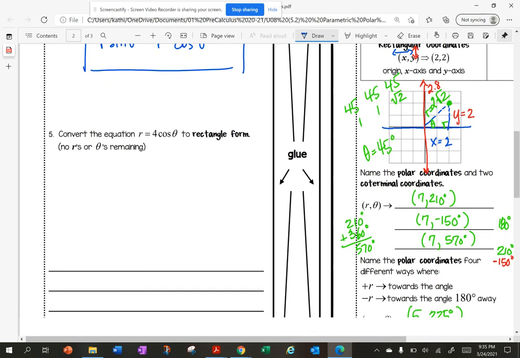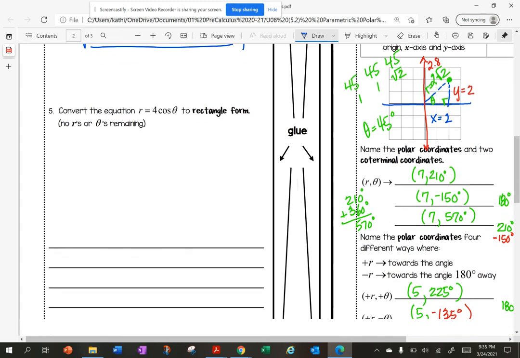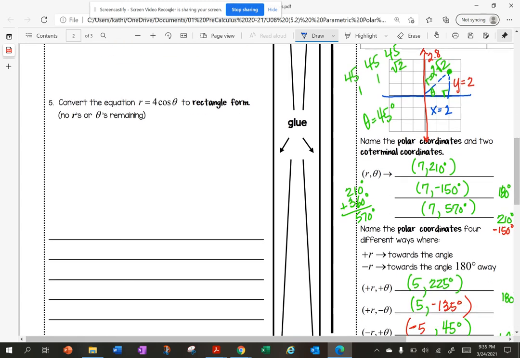Okay, let's do it reverse. I want to convert the equation r equals 4 cosine theta to rectangular form. So that means no r's or thetas. So I have r equals 4 cosine of theta. So I'm going to start out by multiplying by r. Whatever I do to the left side, I do to the right side to keep my equation equal. So this is r squared.